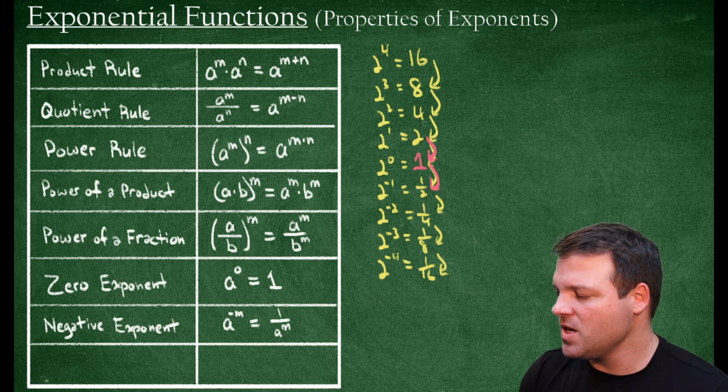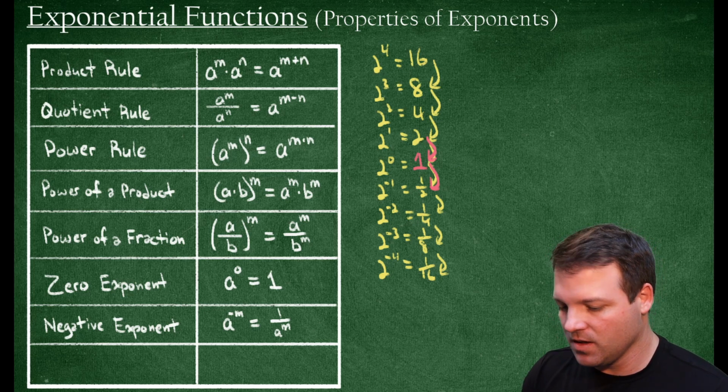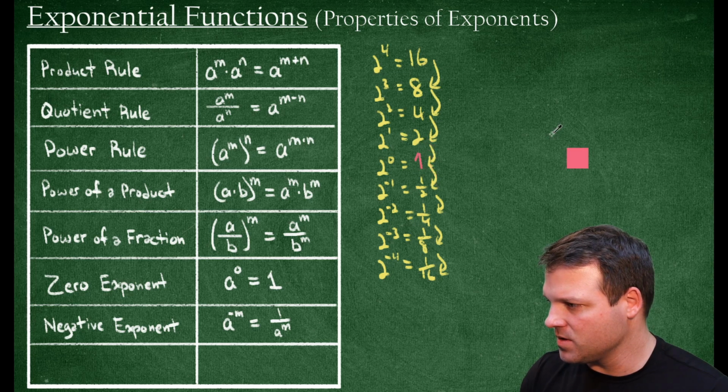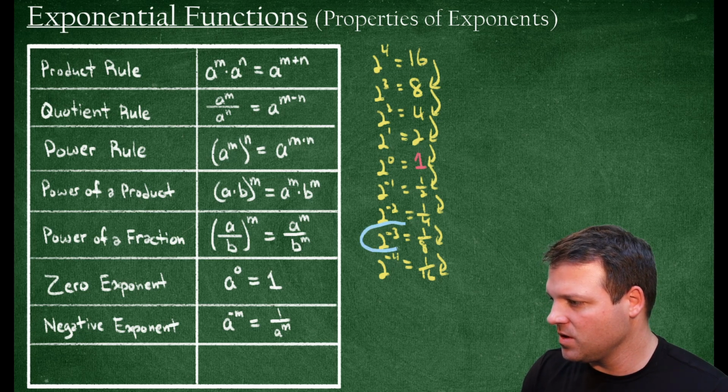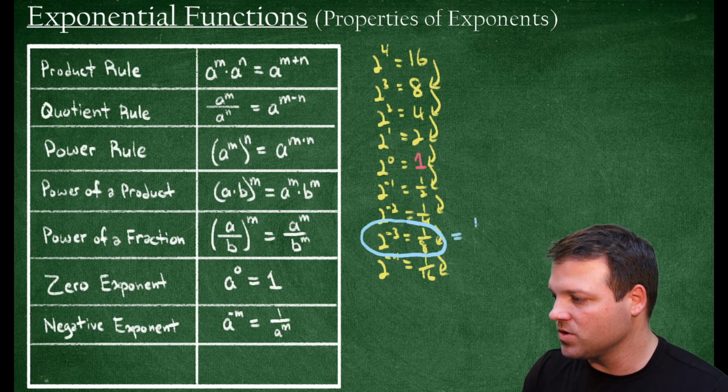If I have 2 to the negative third, I can show this by leaving this 1 in here. And let me grab a different color. So 2 to the negative third is 1 over 8, which is equal to 1 over 2 to the third power.